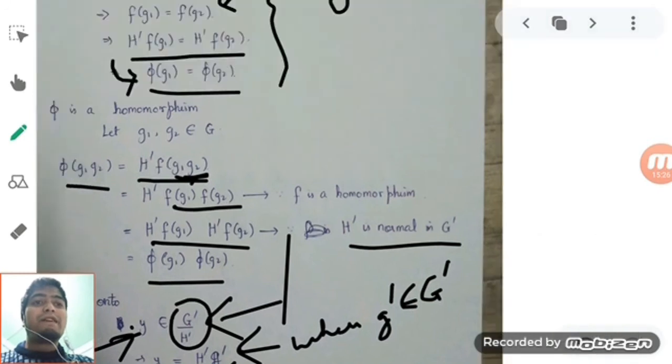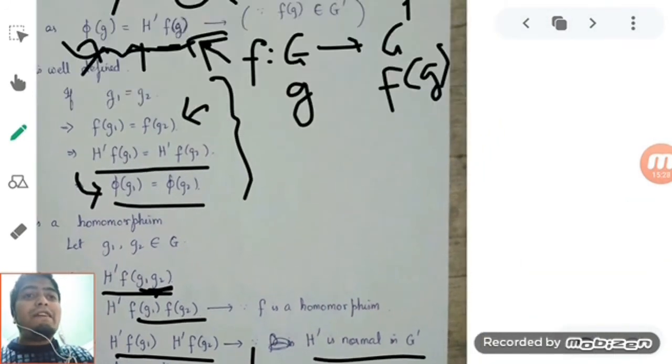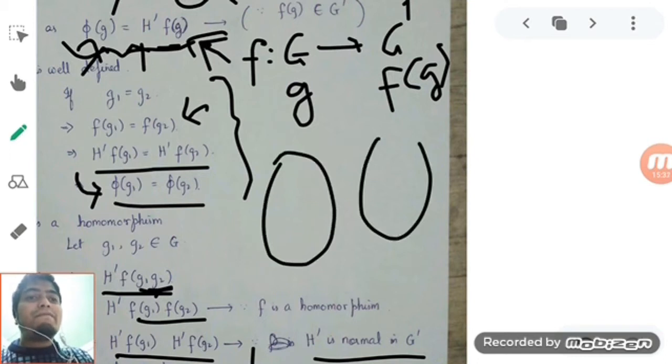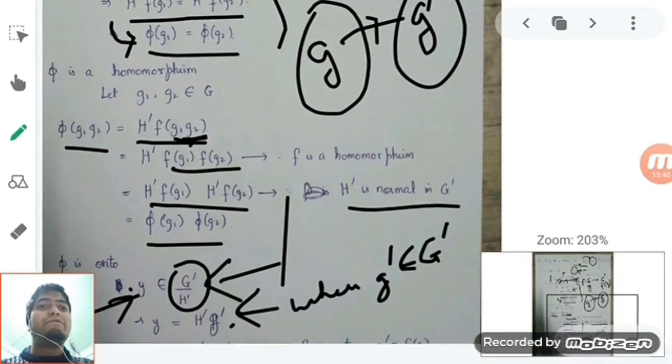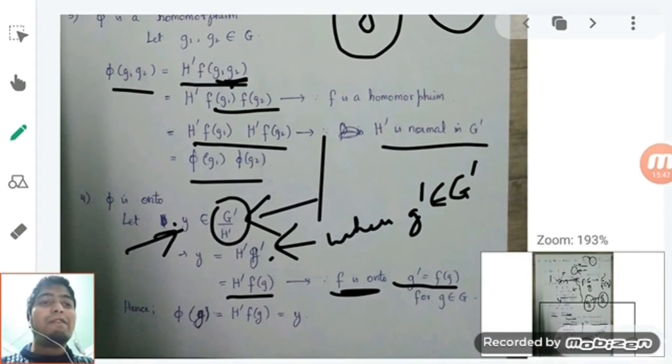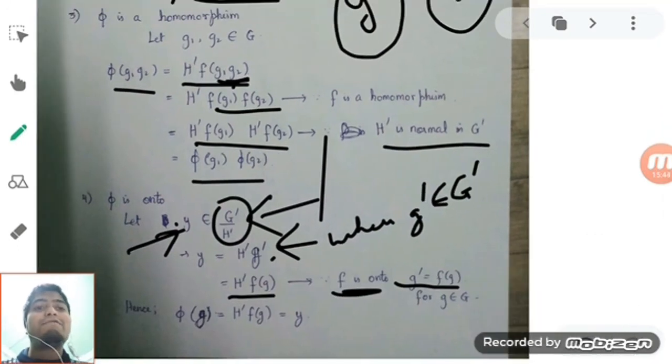If you cannot remember what F is, F is a function from G to G dash. It is onto, right? So if you take an element G dash from over here, there exists an element G which is taken by F to G dash. That is, Fg equals G dash. So that's why G dash, you can write it as Fg.